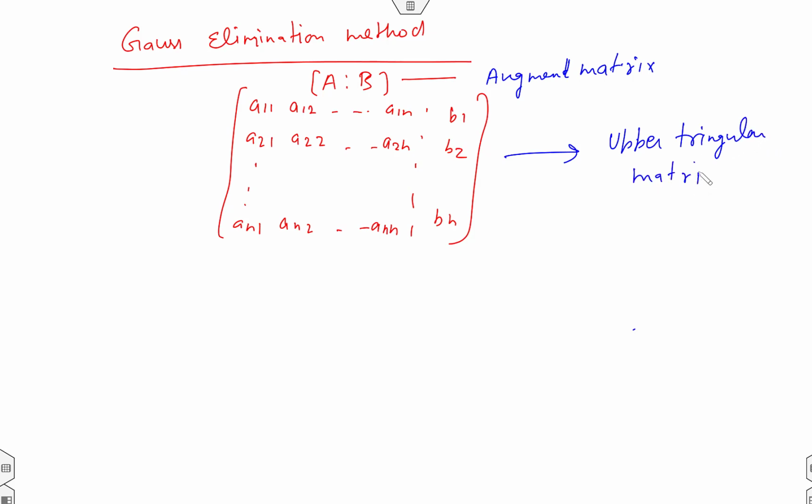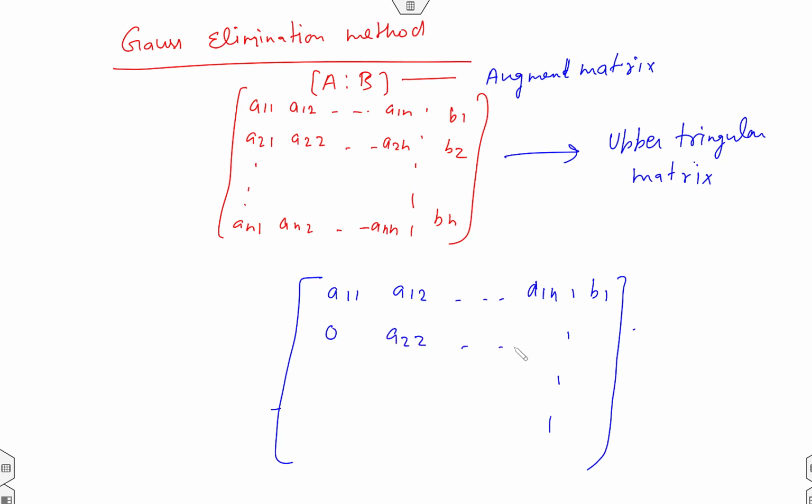That means we convert this matrix into the form a11, a12, a1n, b1, then 0, a22, a2n, and so on. We get some values after applying row operations: b2, 0, 0, a33, a3n, b3.